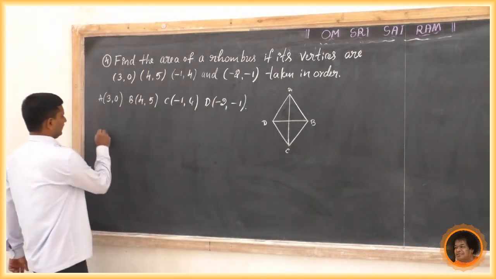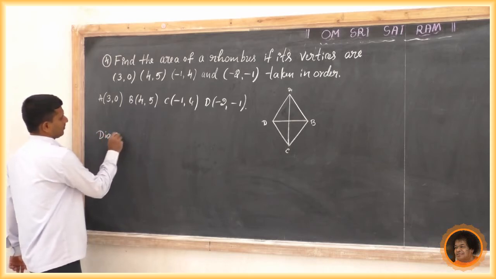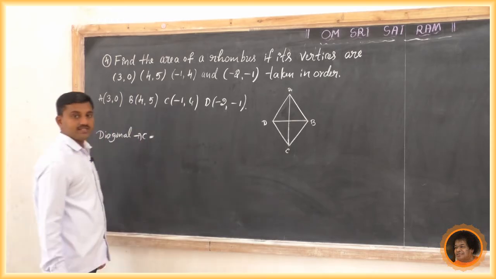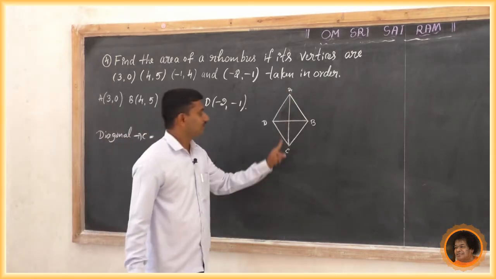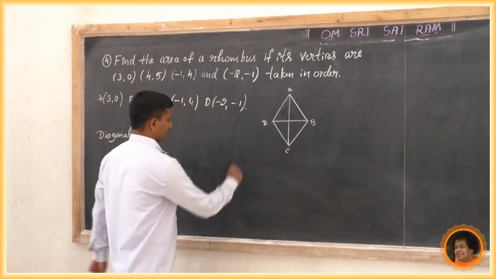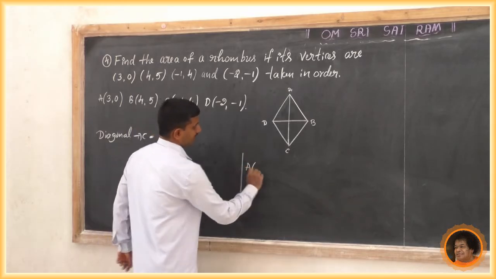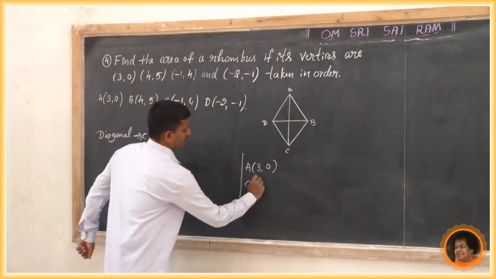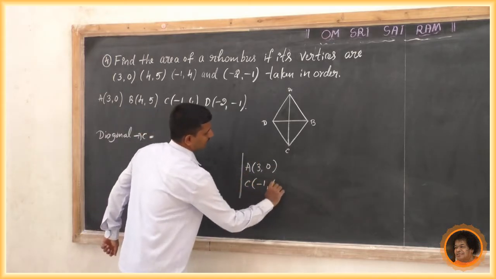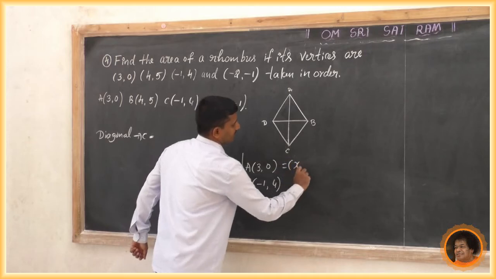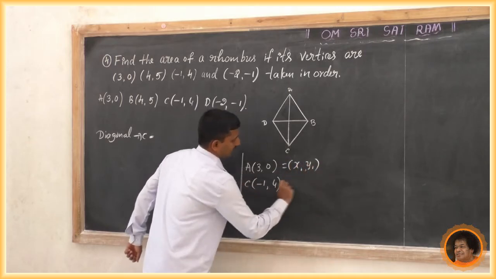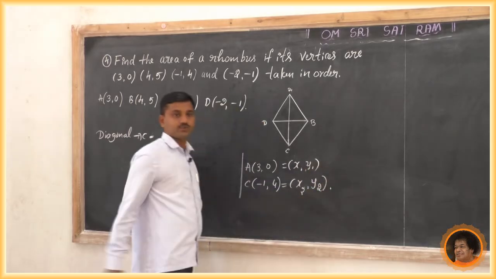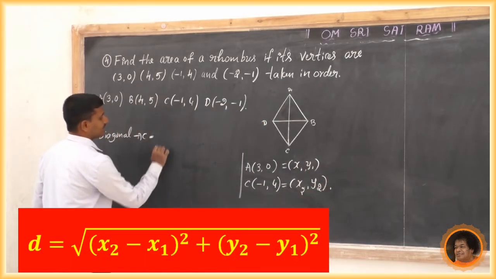So the diagonal AC: the coordinates of point A are 3, 0 and the coordinates of point C are minus 1, 4. So this is x1, y1 and the next one is x2, y2, by using the distance formula.